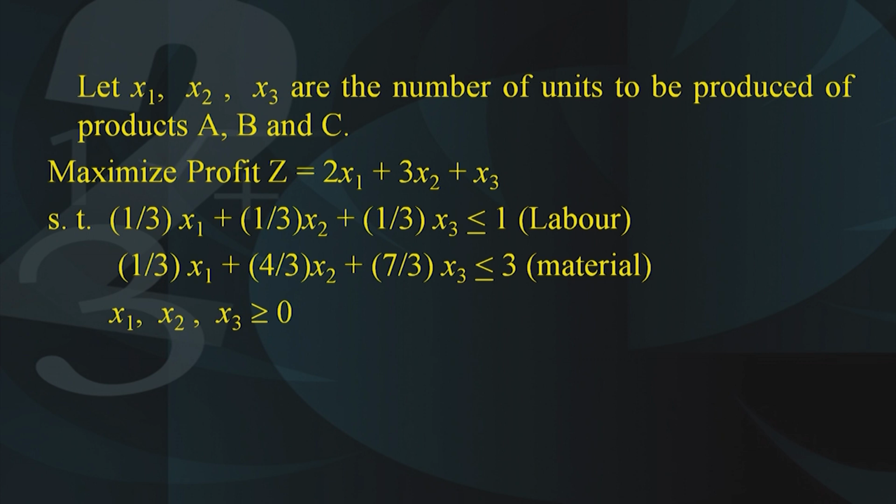One is corresponding to the labor, which is given by 1 upon 3 x1 plus 1 upon 3 x2 plus 1 upon 3 x3 less than or equal to 1, and the second constraint is corresponding to the material, and it is given by 1 upon 3 x1 plus 4 upon 3 x2 plus 7 upon 3 x3 less than or equal to 3, and x1, x2 and x3 should be greater than or equal to 0.